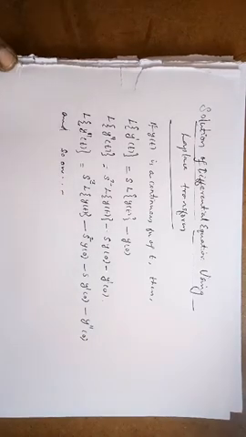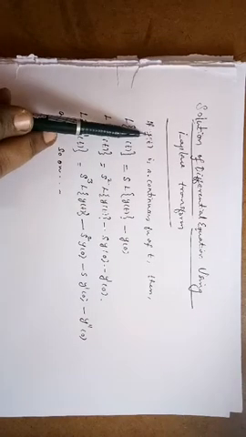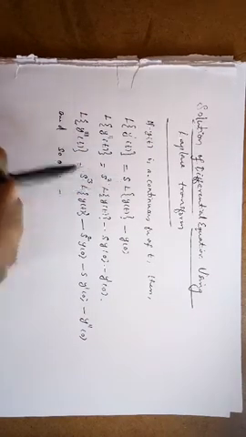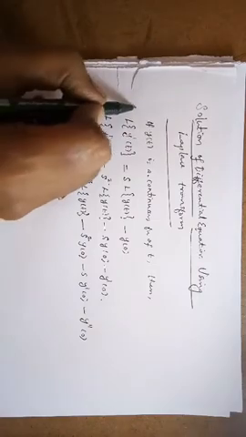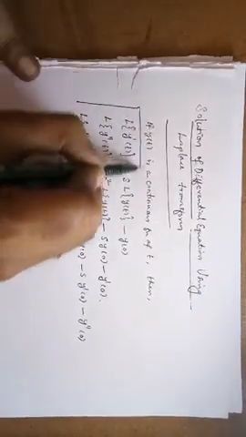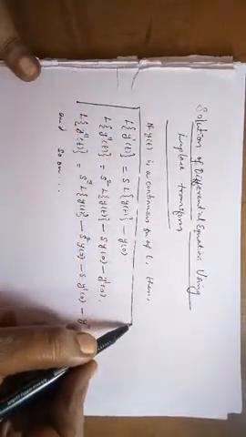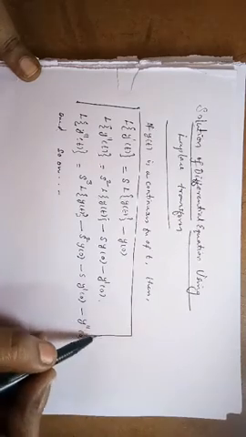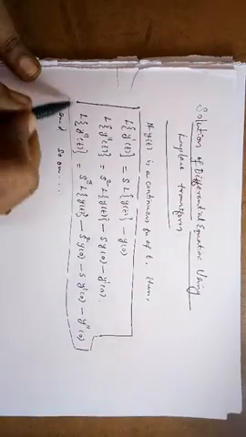We can find the Laplace transform of any derivative of the function y. So the first thing in this topic is you have to learn these equations by heart, how we can find the Laplace transform of certain derivatives.